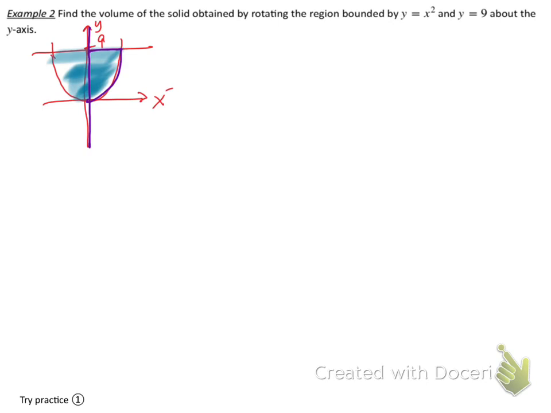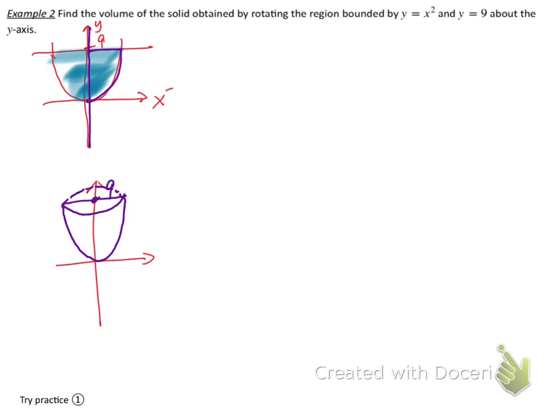You still have your x and y. Now I'm using the other color. This is what you started with, and when you rotate it, it becomes a circle. And here is 9.